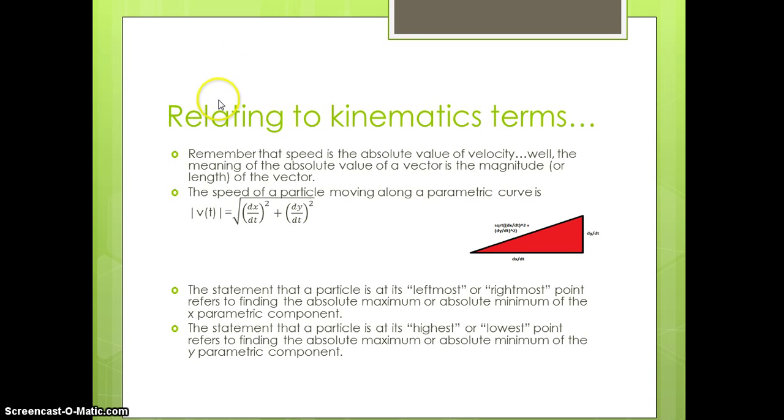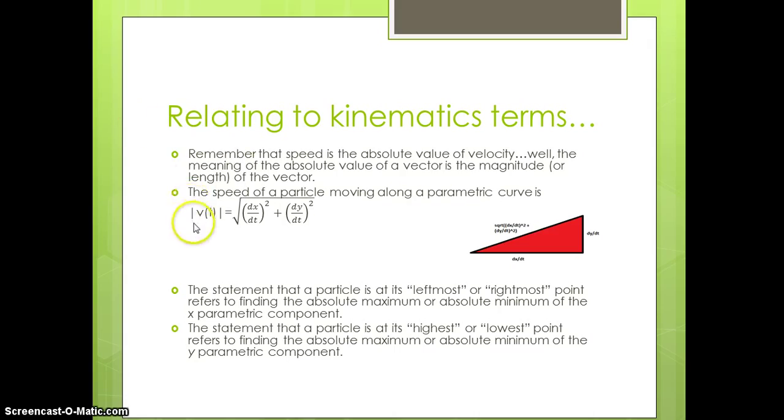So relating all this to kinematics terms, remember that speed is the absolute value of velocity. If you remember from a while back when you did vectors, you learned that the absolute value, or the magnitude of a vector, is related to the distance formula. In our case, the absolute value of a vector is the magnitude or length of the vector.